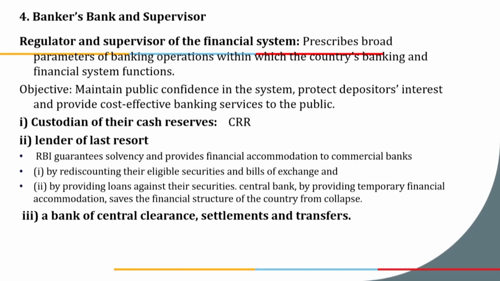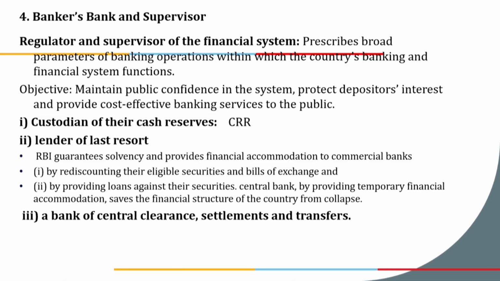The fourth one is that it acts as the bankers' bank. It is the apex bank of the country, and acts as the bankers' bank and supervisor, the regulator and supervisor of the financial system, mostly of the banking system. It prescribes broad parameters of banking operations within which the country's banking and financial system functions.